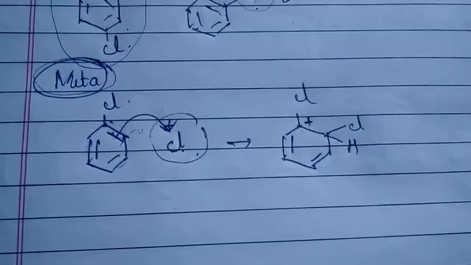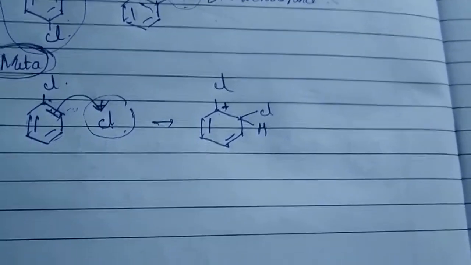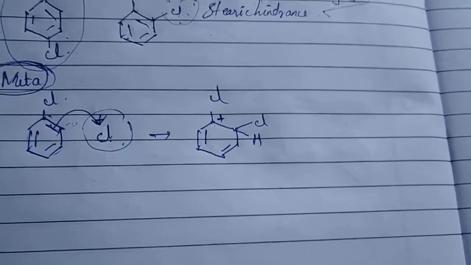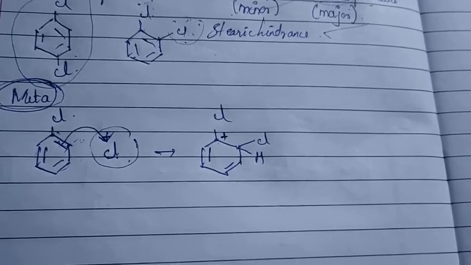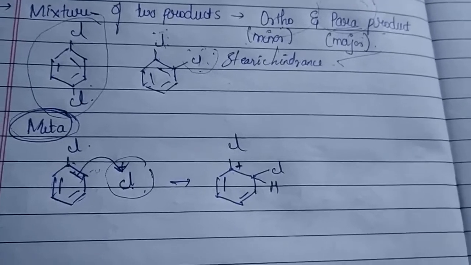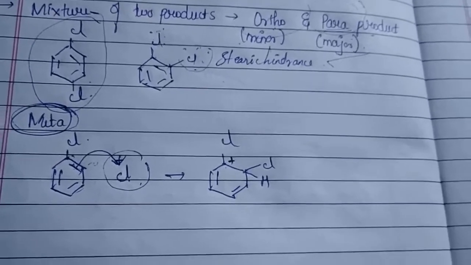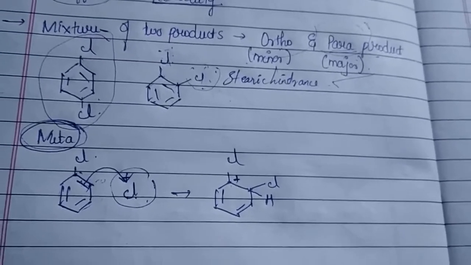So guys, now we will be looking at certain electrophilic substitution reactions. Before going to them, let me remind you, whenever we are doing an electrophilic substitution reaction of chlorobenzene, you're going to get 2 products, ortho and para, remember. And of those 2 products, our para product will be the major one. And why is it so?